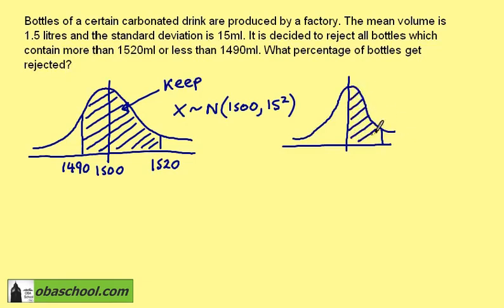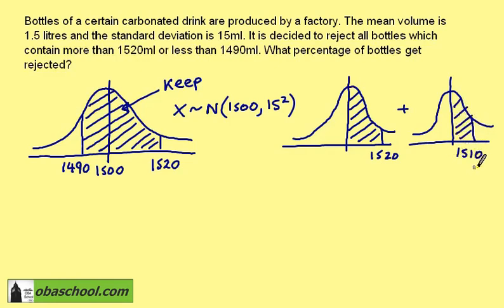The area here from 1,520 down to the middle, and then using the symmetric nature of the curve, the symmetric point to 1490 is 1510, so we want this area as well. This area is this one, and this area is this one.